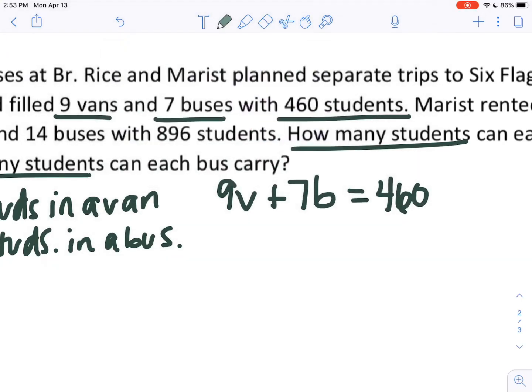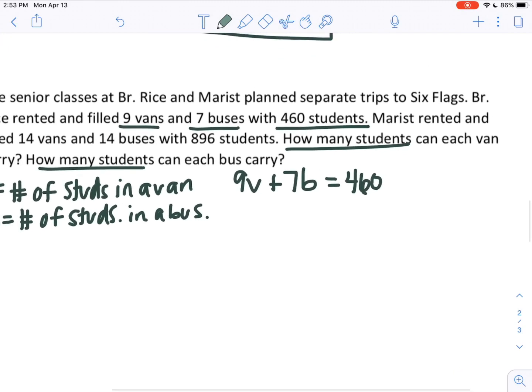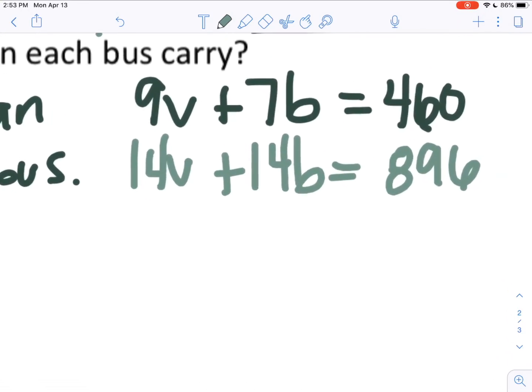Now the second sentence is going to give you that same thing. So Marist had 14 vans and 14 buses, and that's 896 students. Okay, see how it just translates straight through the equation? 14V, 14B, 896.